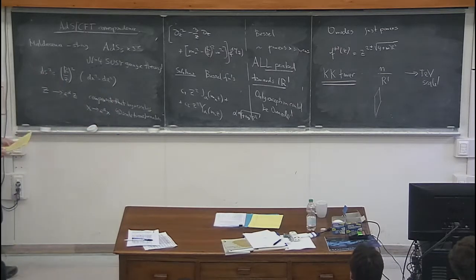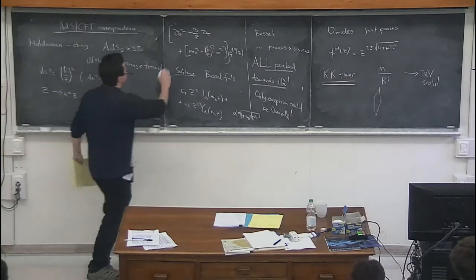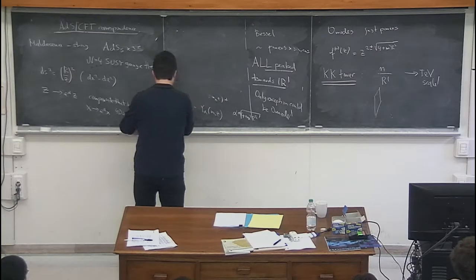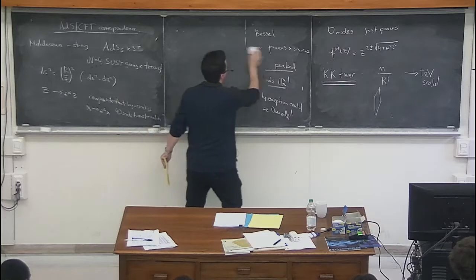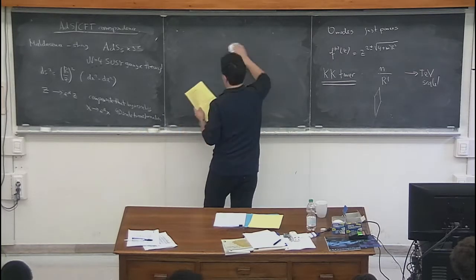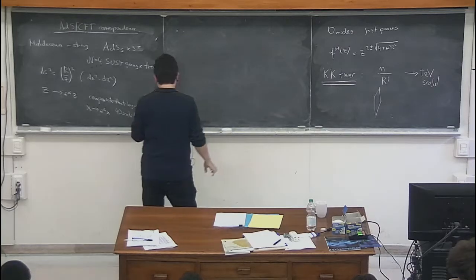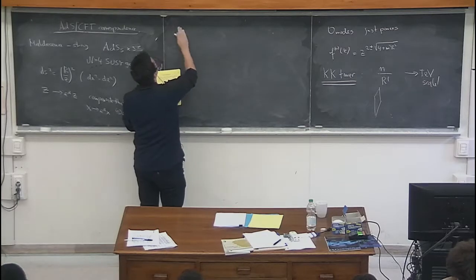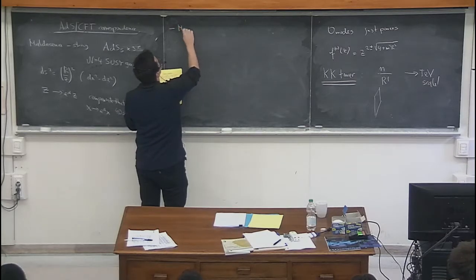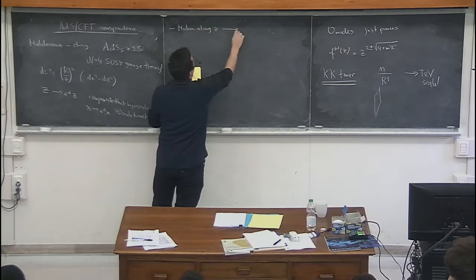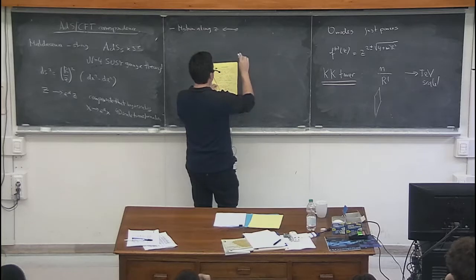So that's the first and most important entry into our AdS/CFT dictionary: the motion along the z direction is equivalent to a renormalization group scaling in the 4-dimensional theory. Motion along z is equivalent to a 4D scale transformation.